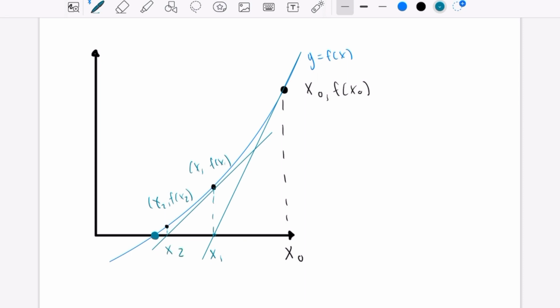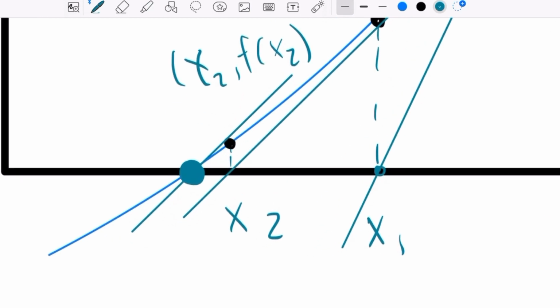Now we're incredibly close, so we're making one more tangent line. And as we can see, that goes through our sought out root.